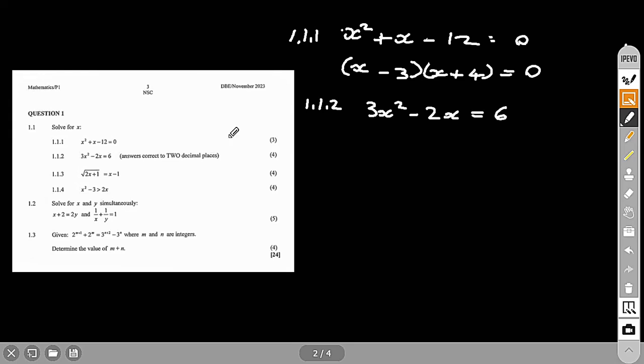So first step, I'll write the quadratic formula down. So x is equal to negative b plus or minus the square root of b squared minus 4ac, divided by 2a.